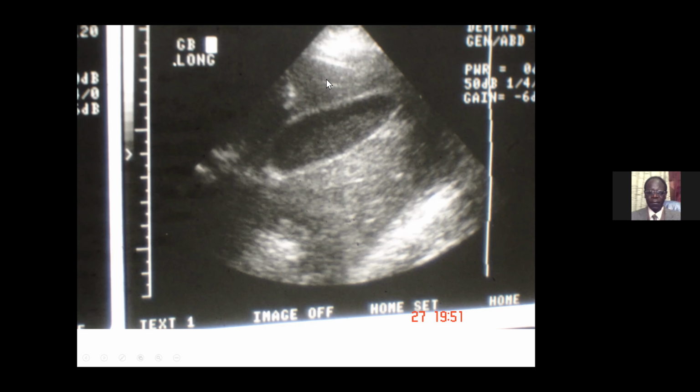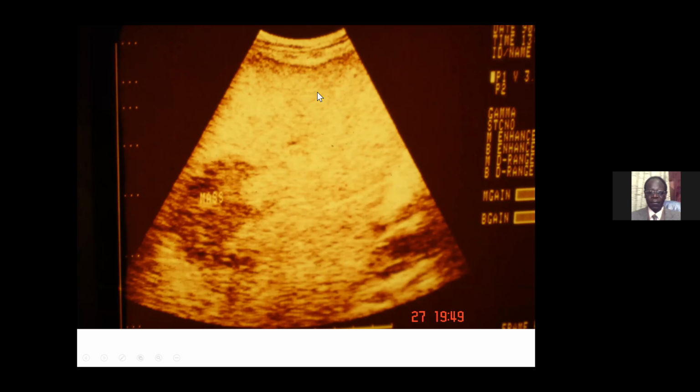This is ultrasound of the liver. The patient had right upper quadrant pain. It was swollen, tender. This was a 65-year-old male patient. So we did ultrasound, and we can see the texture of the liver is completely distorted.